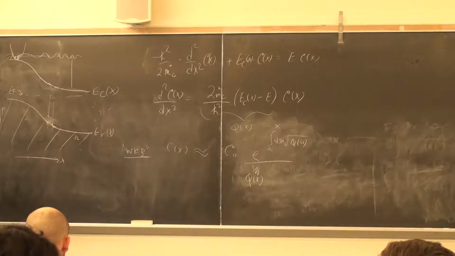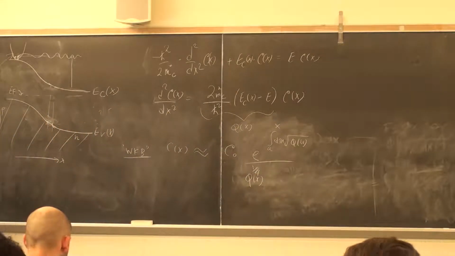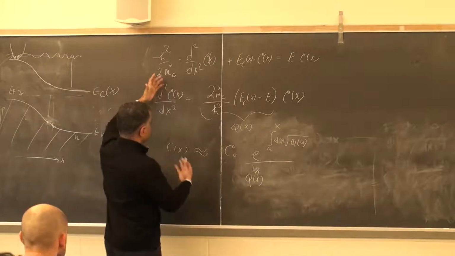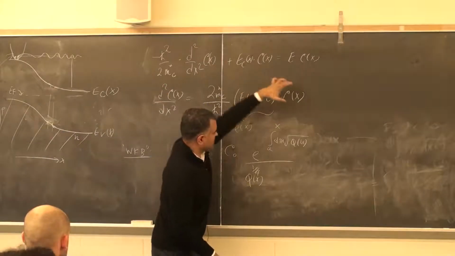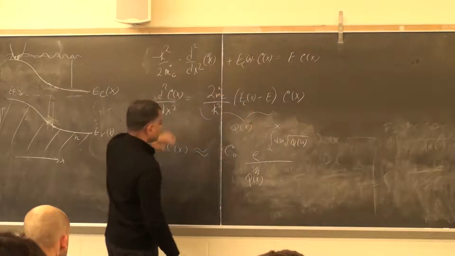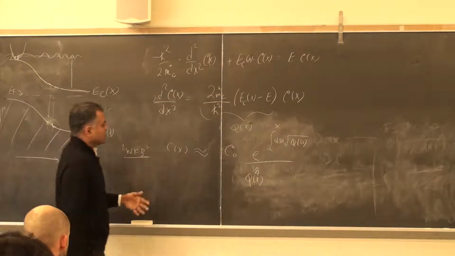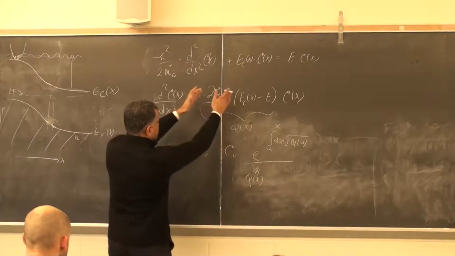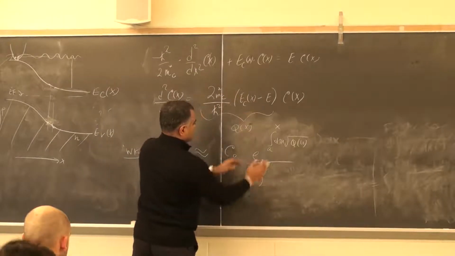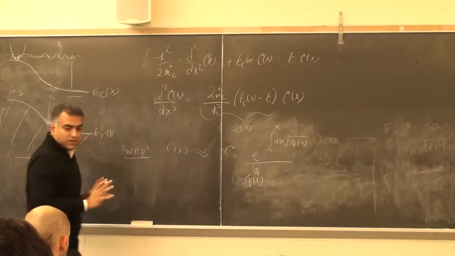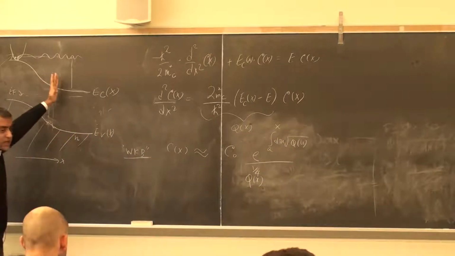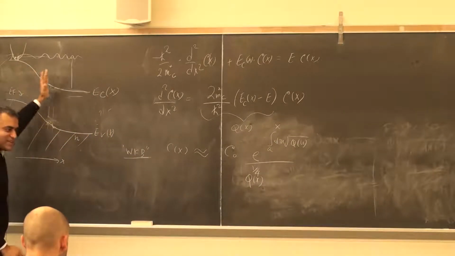This is the WKB solution for any differential equation where the double derivative is a function of x times the wave function. And from here you can see right away that you can take this term as q of x, replace it here, replace it there, and get your wave function at any point. You get your envelope function at any point as you move along.